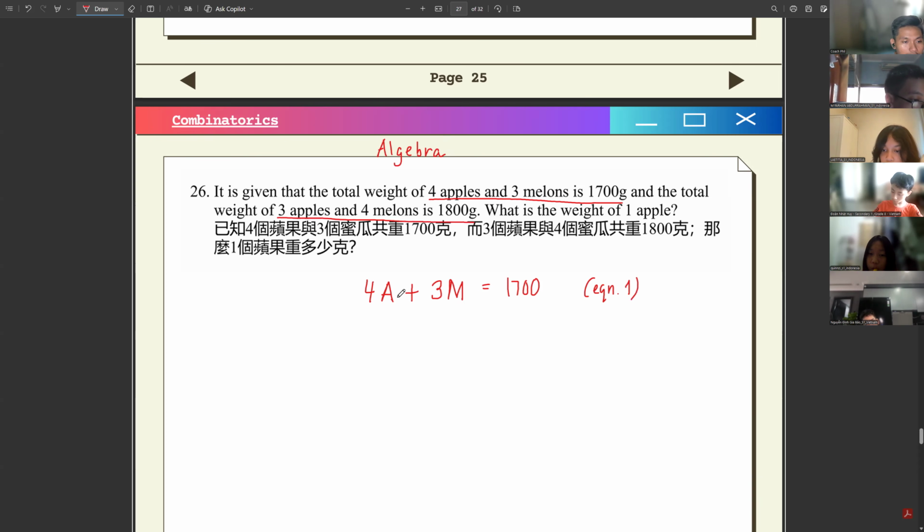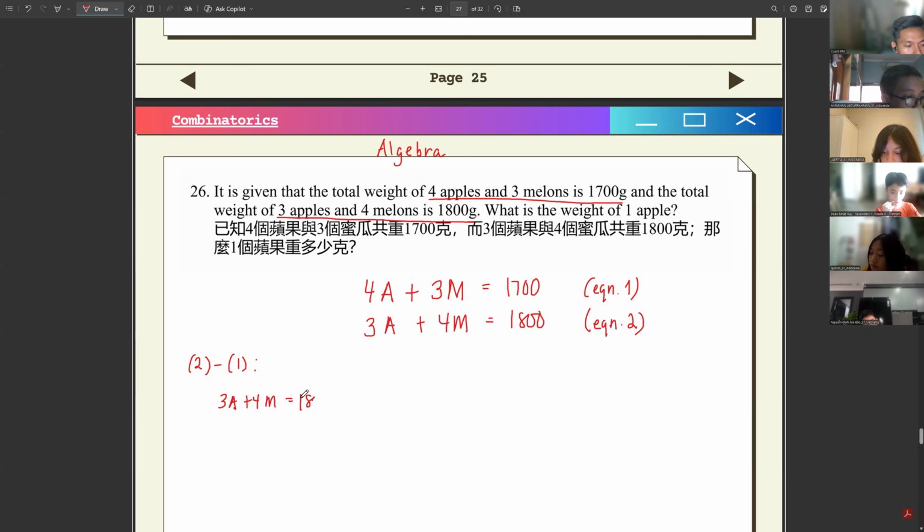Next, 3 apples and 4 melons. So 3A plus 4M is equal to 1,800. So this is equation 2. So we can subtract the 2. Let's do equation 2 minus equation 1. So 3A plus 4M equals 1,800 minus 4A plus 3M equals 1,700.